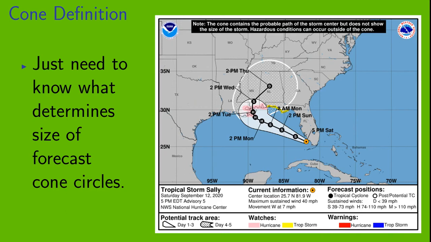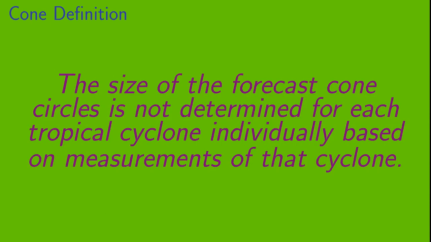So right now we just need to know what determines the size of those forecast cone circles. Now here's an important point. The size of the forecast cone circles is not determined for each tropical cyclone individually based on measurements of that particular cyclone.